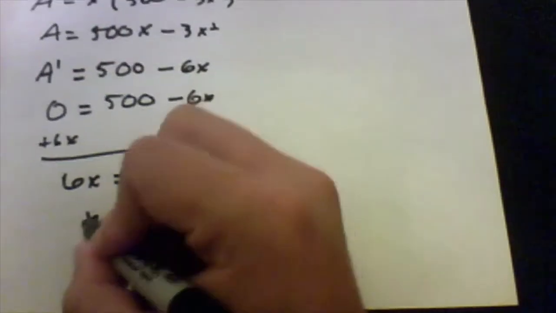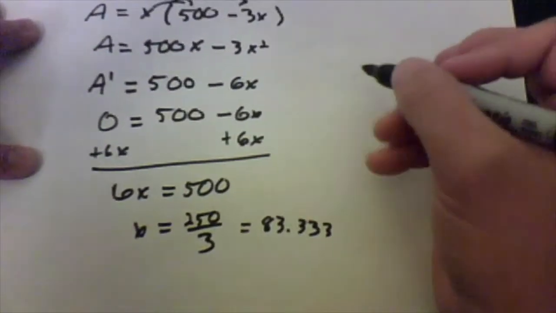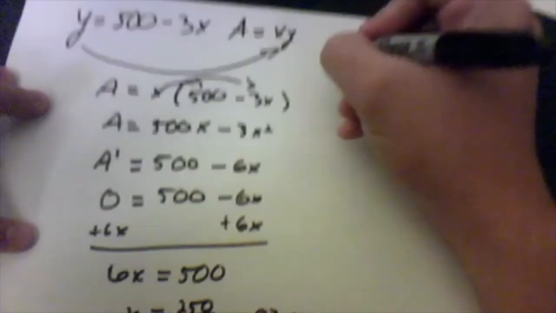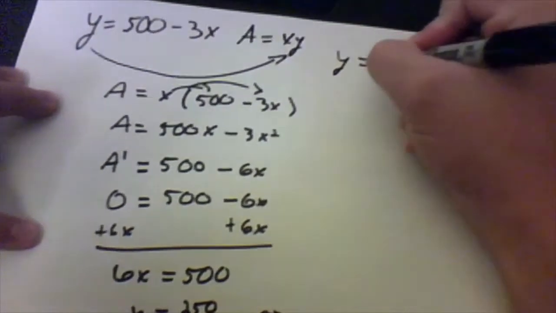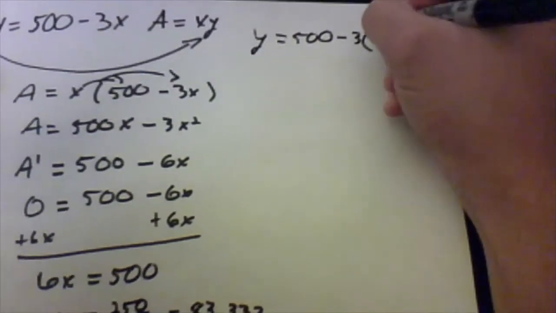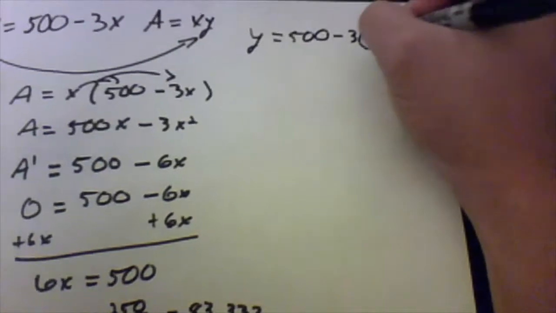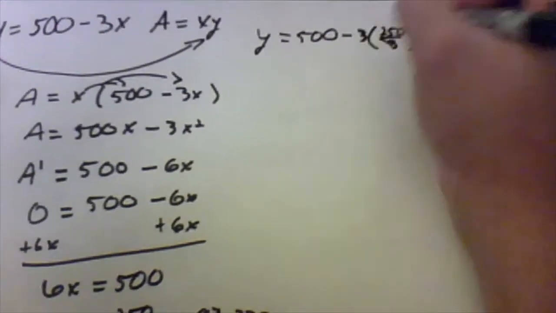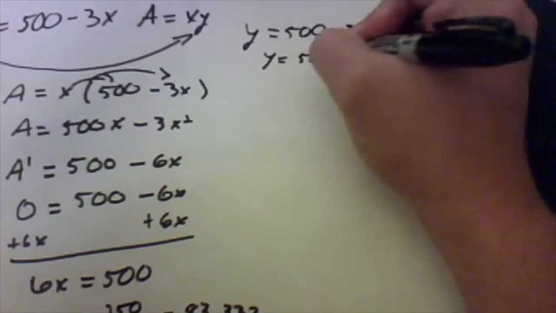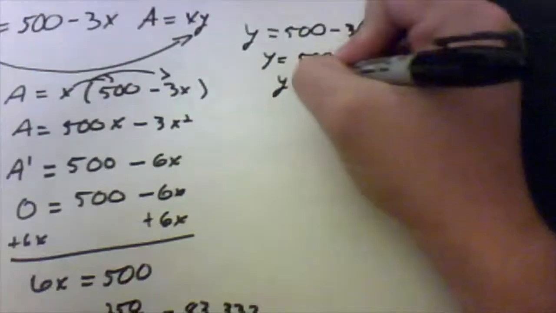Now what we do is we can take the x and put it back into the perimeter equation to find out what y equals. So now we have y is equal to 500 minus 3 times 250 over 3. So the 3's cancel out, getting y is equal to 500 minus 250, making y equal to 250.